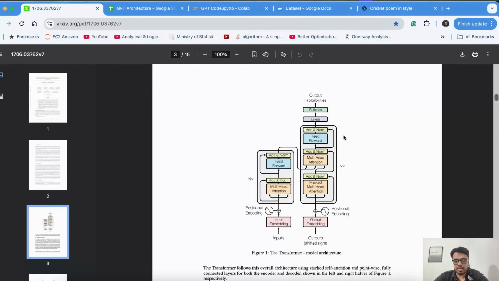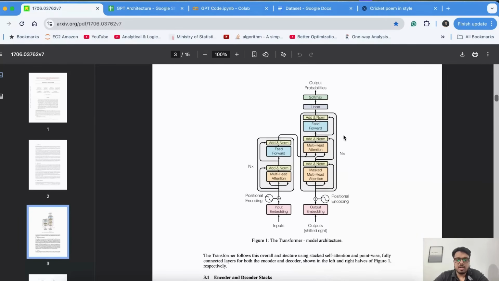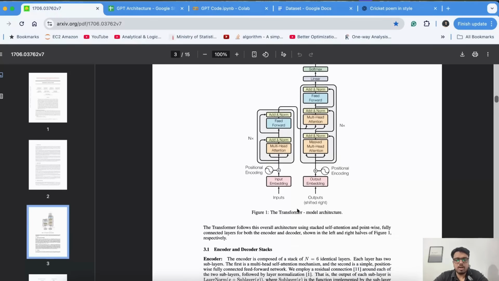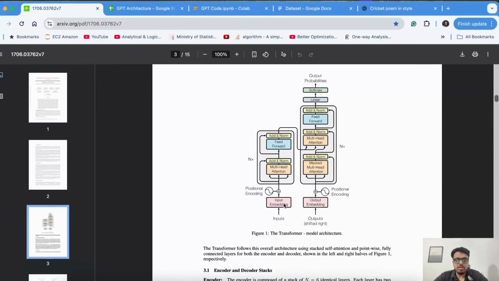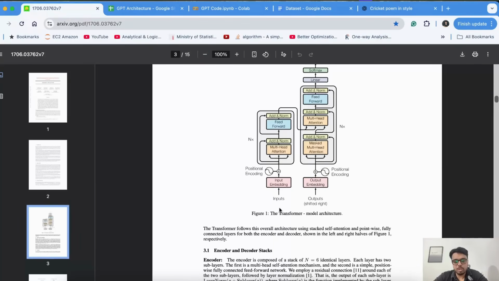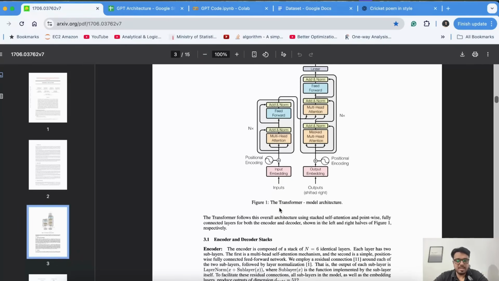Again, just to give a quick brief about the paper: the transformer architecture proposed in this paper was not initially made for predicting the next token in the sequence, but was proposed from the perspective of translation. So there is an encoder decoder model which was proposed for effective translation based models.